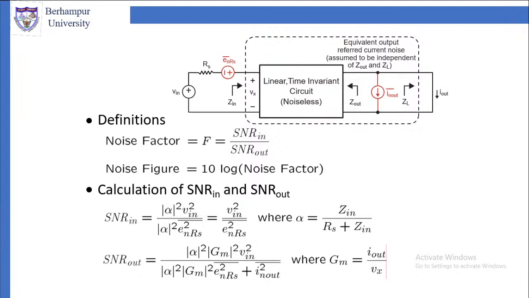So that is equal to Vin square divided by the variance of e in Rs, where alpha is equal to Zin by Rs plus Zin.